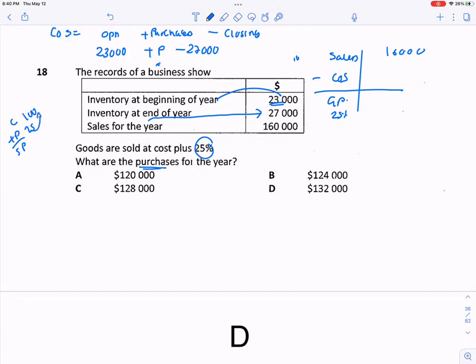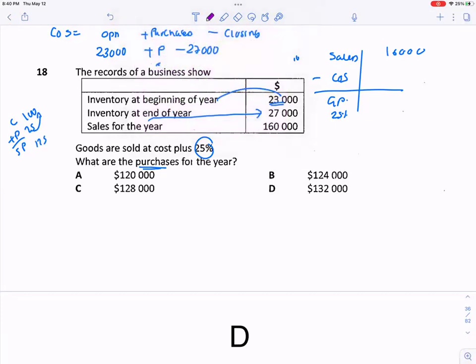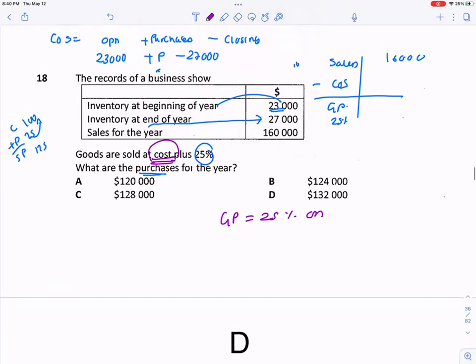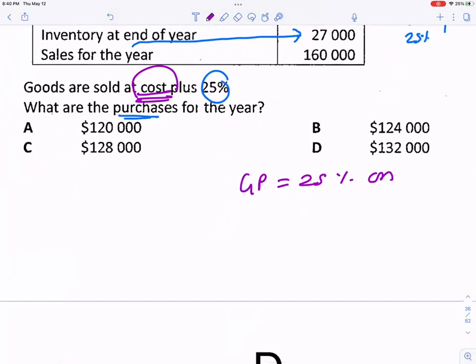Gross profit is 25% on cost or on sales? On sales, which is 160. Miss, it's 40,000.